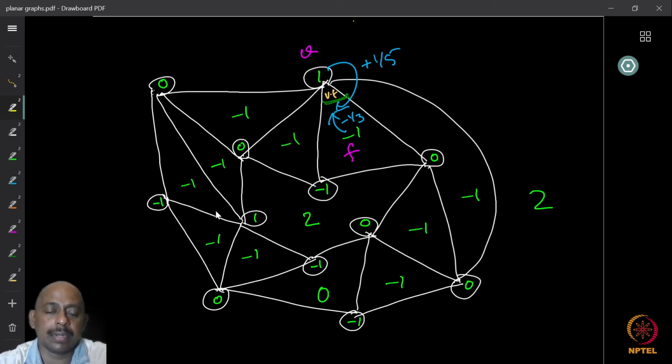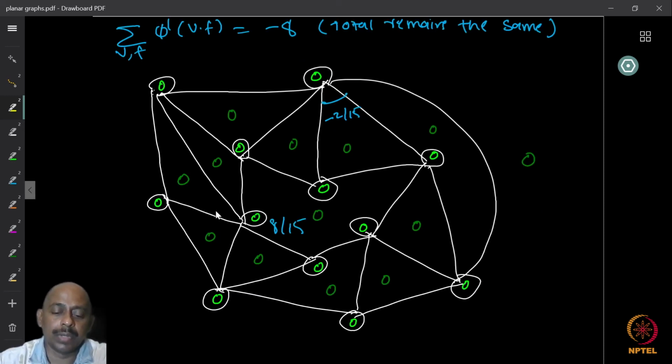So once the discharging completes, you will get something like this. The charges in each of the vertices will be zeros. Charges in each of the faces will be zeros. And then the corners will have some charges. But now our observation is that the charges have all moved to the corners. So the total charge in the corners will be the same as the total charge we had earlier, because we just moved around the charges.